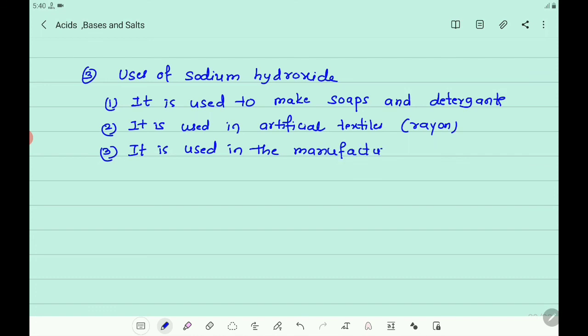Then fourth one you take, it is used in degreasing materials.